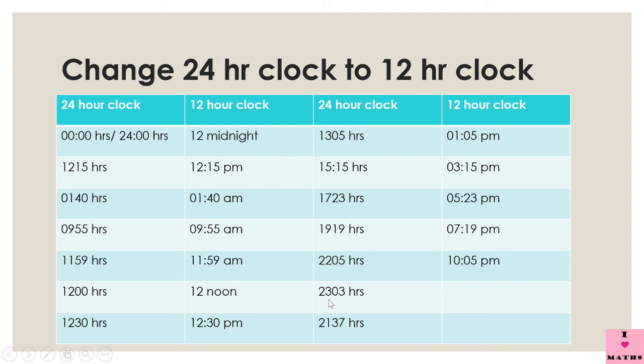Again we will subtract 12 from this and the answer would be 11:03 PM. 21:37 hours. Now we will subtract 12 from this and the answer would be 9:37 p.m. So children, please note, wherever we have subtracted 12 from the hours digits, we have written p.m.